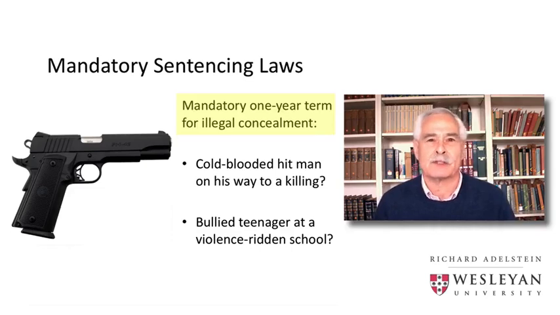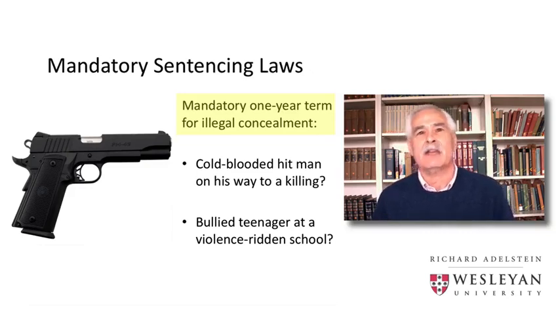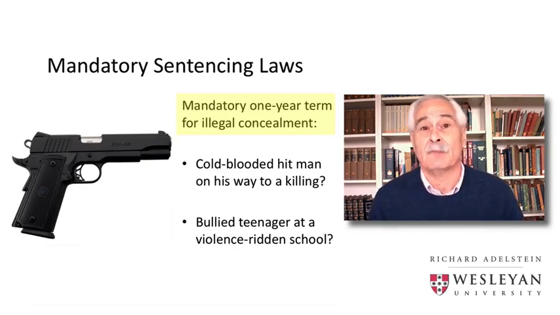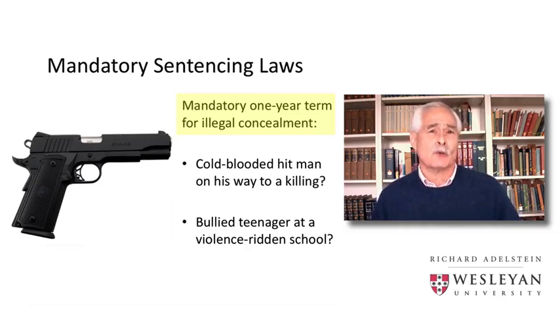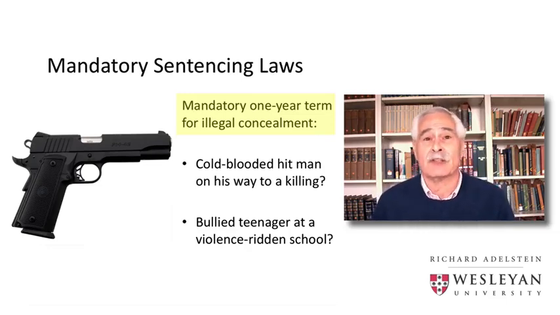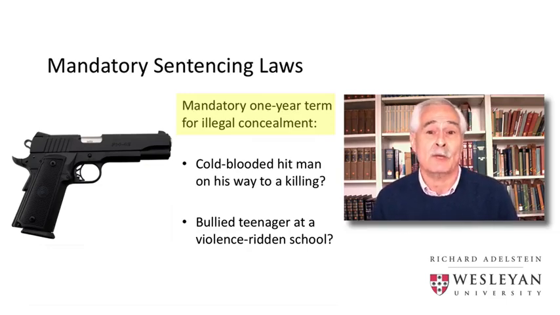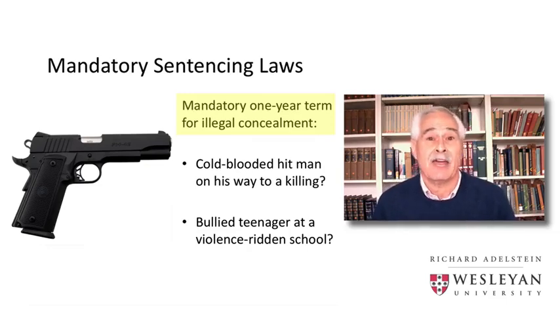I recall there was a sign on the highway as one entered Massachusetts from Connecticut that warned drivers they were entering a state where there was a mandatory 1-year term for any illegal concealment of a firearm. So let's imagine that you're the judge in Massachusetts and you're being asked to enforce this mandatory 1-year term.